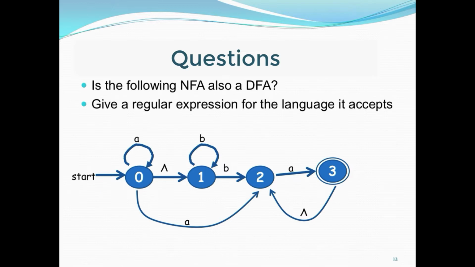Now, figuring out the language it accepts is a little bit trickier. Let's see. What have we got here? If we look at the path that allows us to go through the top of this thing, we've got as many A's as we want, and then a free jump, as many B's as we want, and then at least 1 B and 1 A, and that gets us to an accept state.